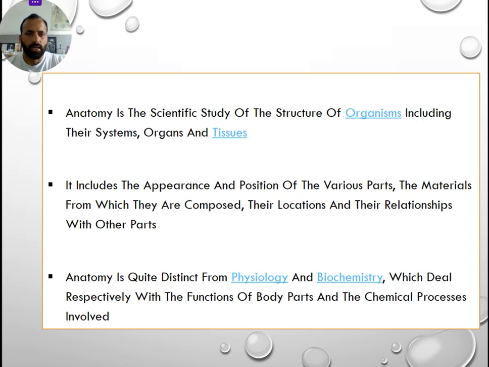And anatomy is basically the scientific study of the structure of organisms, including the systems, organs and tissues, the topographic locations and the different formations of the body parts. It is a totally different subject from physiology and biochemistry, which deal with the functions of the body and some chemical processes.